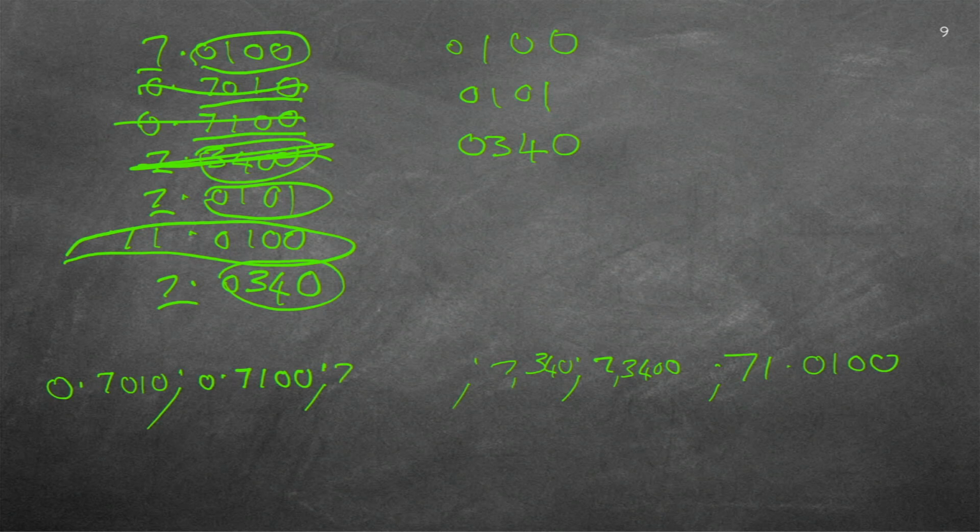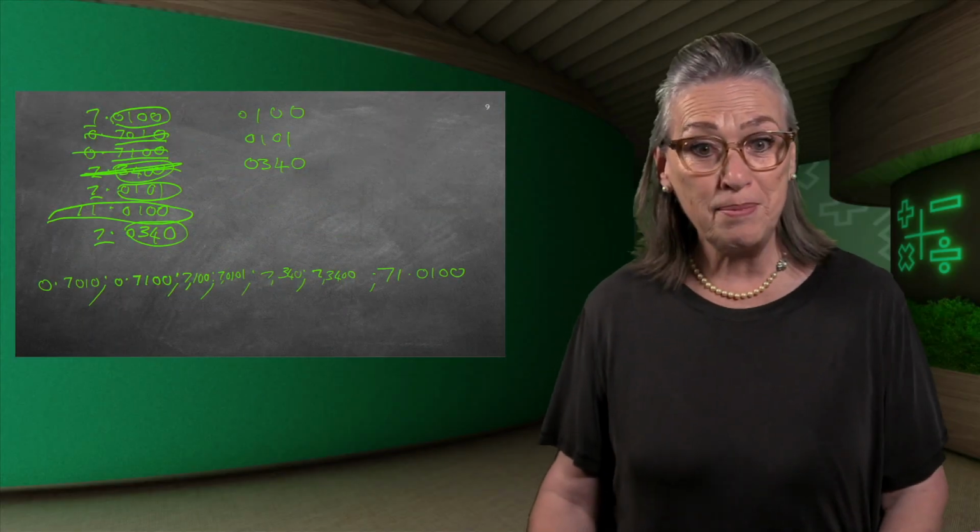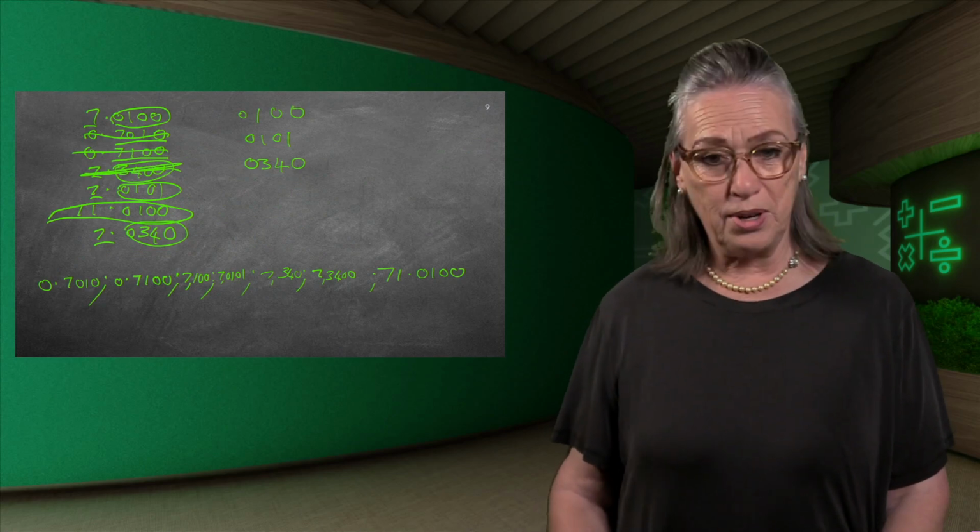So it is 7.0100 and then 7.0101. Congratulations if you've got that one correct. Can you see it's so fun to play with it? So you see that's a big one, so we're going to work from that side to make sure that we've got them in ascending order.